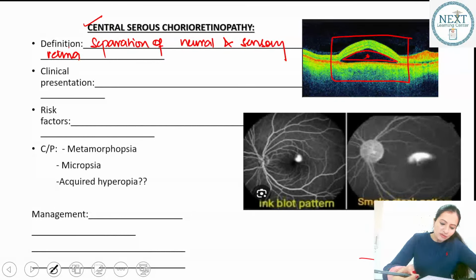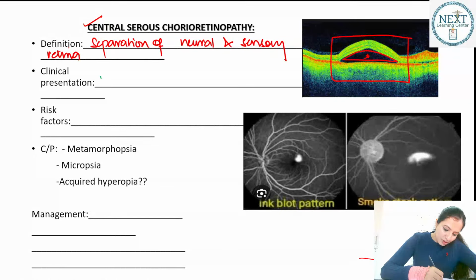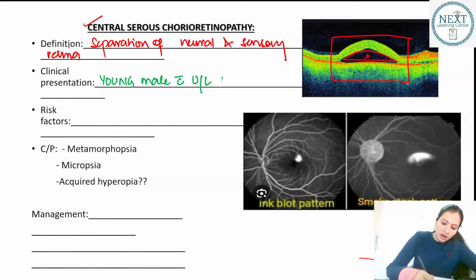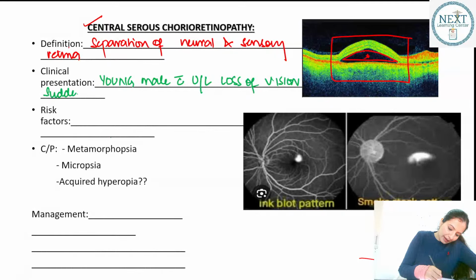Clinical presentation for CSR, it includes a young male with unilateral loss of vision that is sudden and painless.